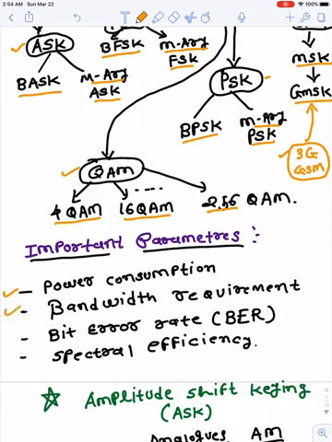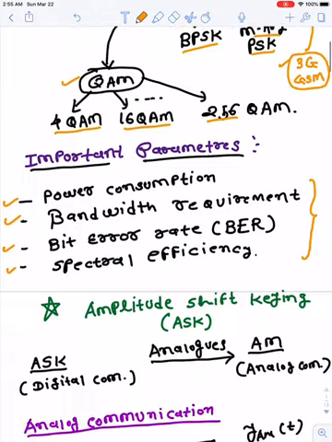The bit error rate performance is also very important parameter, and the scheme which has a lower bit error rate is considered as a good scheme. Then we even learn about the spectral efficiency of various modulation schemes. So these are the 4 parameters. Each and every modulation scheme can be justified according to this parameters.